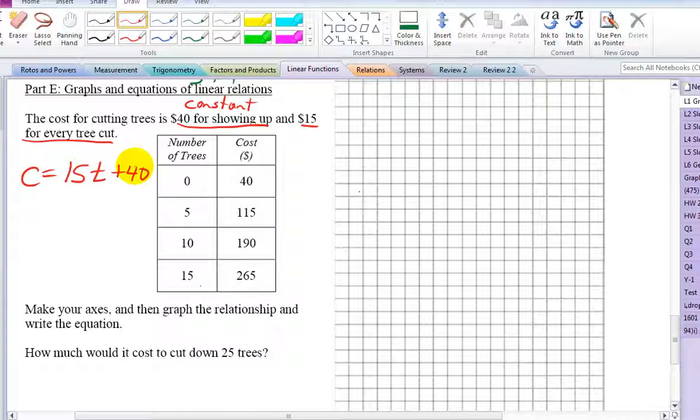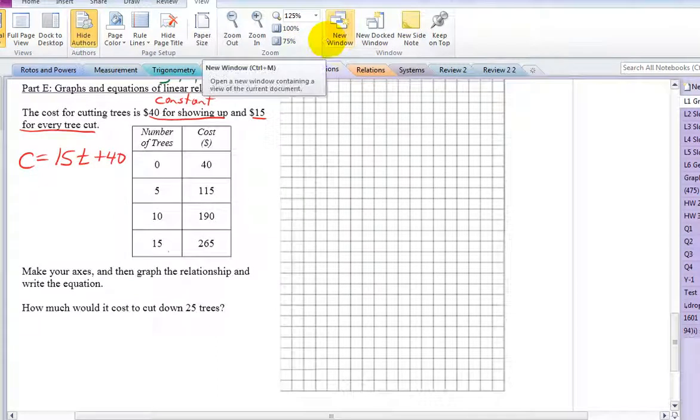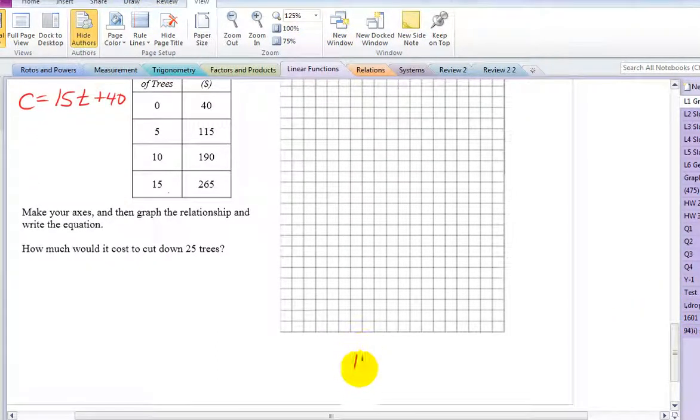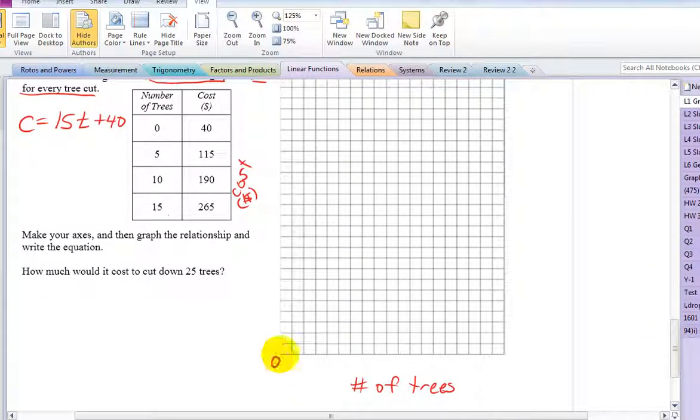So what we can do now is make a science type graph. I'll help you with that a little bit. First of all, here we're going to plot the number of trees. This here will be the cost, and our units will be dollars in brackets. So it's kind of a science type graph. We'll start at 0, 0. Here we'll go up by ones.